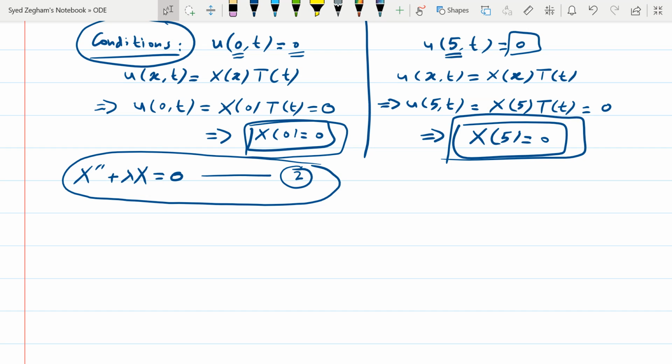The first case is that this lambda can be equal to 0. Second case is lambda can be less than 0, lambda can be negative. But the Sturm-Liouville eigenvalue problem discussion tells us that both these cases will give us a trivial solution.